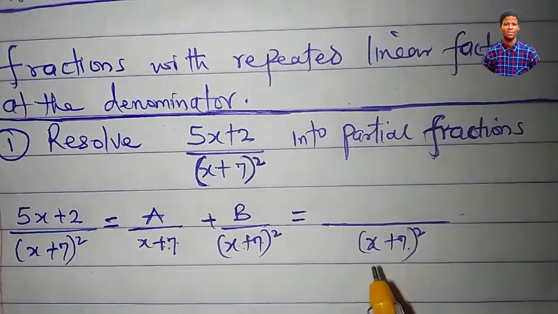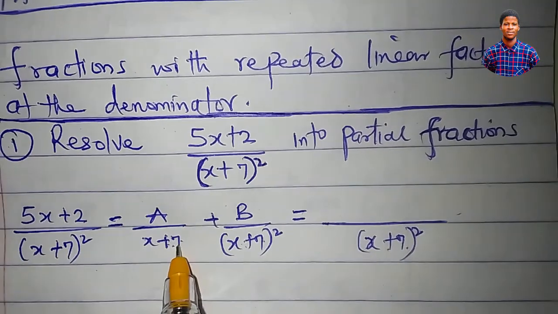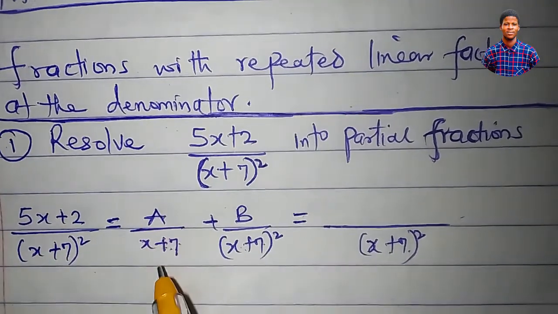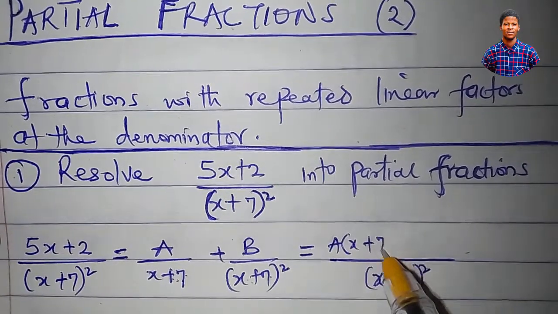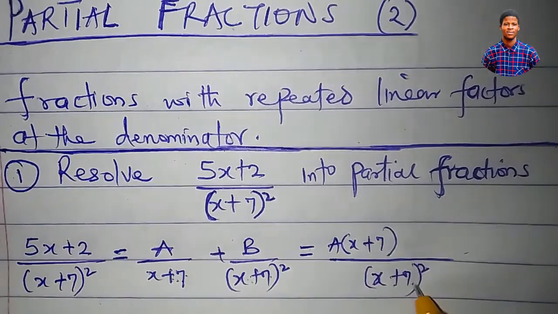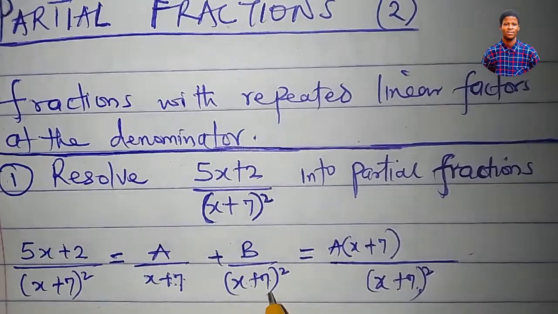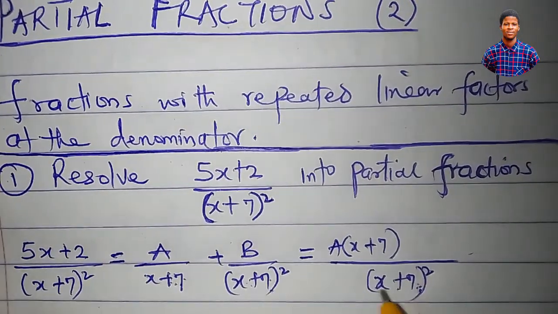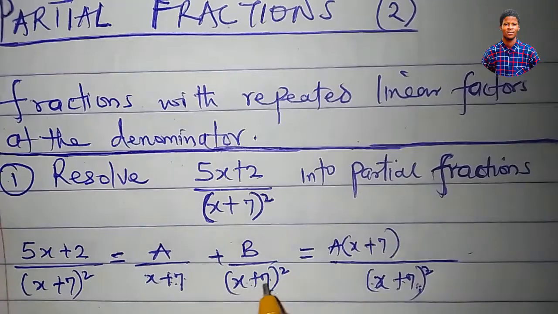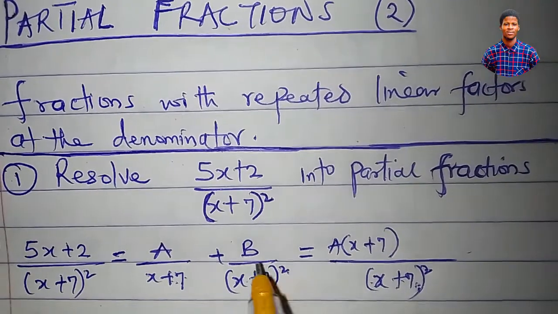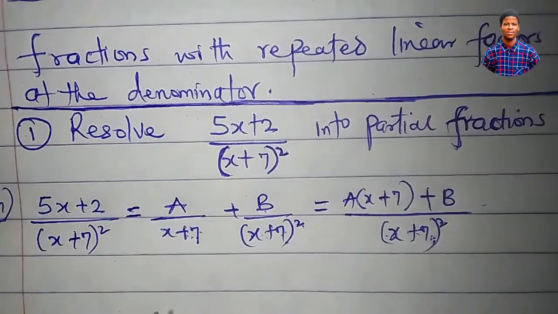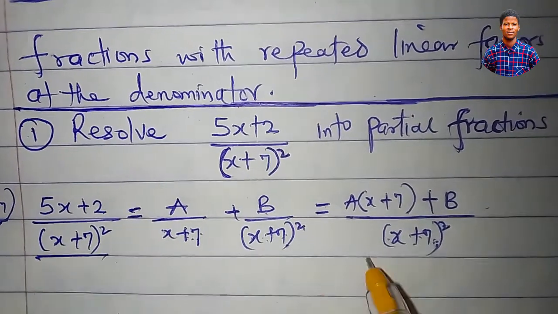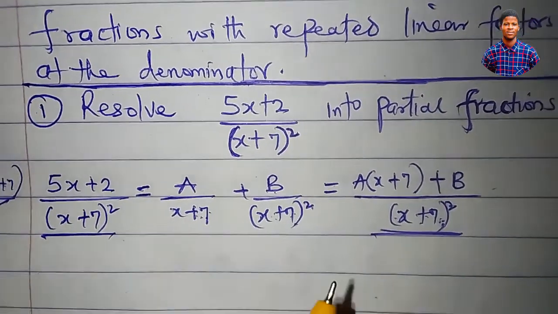Okay? So this divided by this is x plus 7 times a, that is a bracket x plus 7. This again divided by this, of course, they are the same. x plus 7 squared divided by x plus 7 squared is 1. 1 times b is just b. So what I'm working with, these two fractions, is what I'm working with.